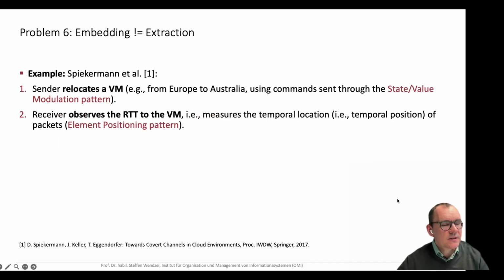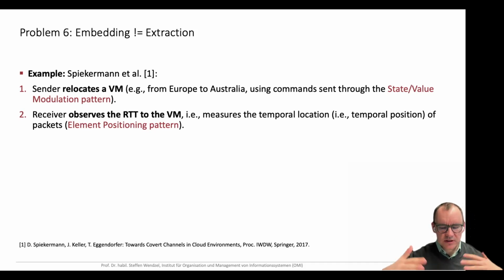And another aspect is that extraction and embedding process might use different techniques. Take an example, Kovaceanu by Spiekermann et al., where a sender relocates the position of a virtual machine around the globe. For instance, the virtual machine could be migrated from a computing center in Australia or Europe to Australia using some commands.